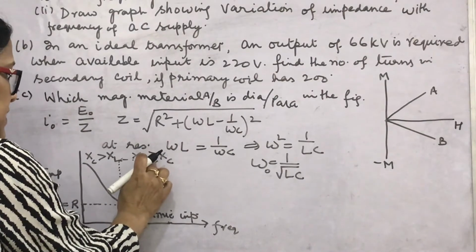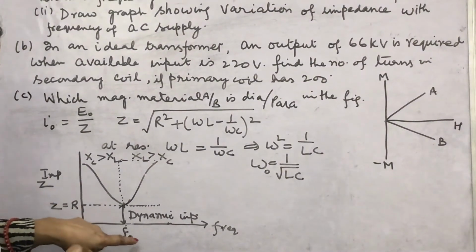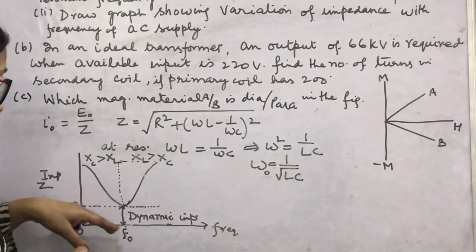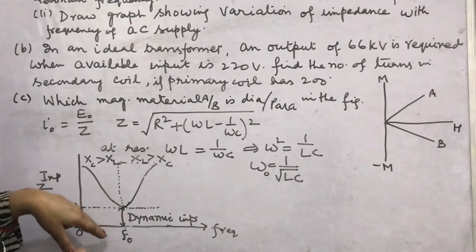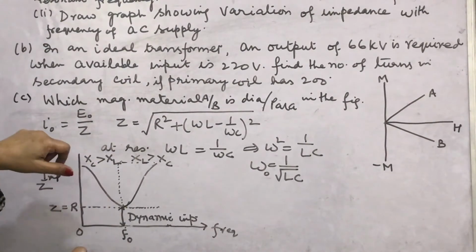That is, the circuit will behave inductive. This is also asked: more than resonant frequency, the circuit will be inductive; less than resonant frequency, the circuit will be capacitive. So this is the graph.